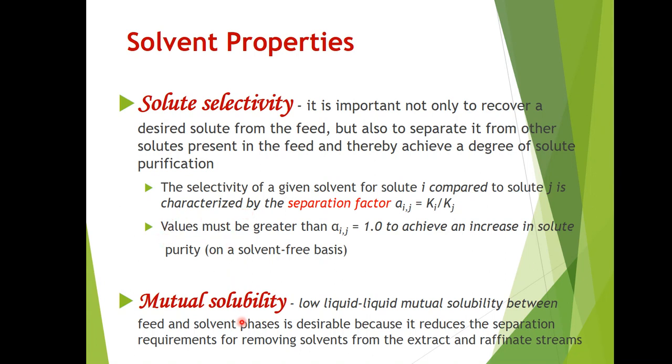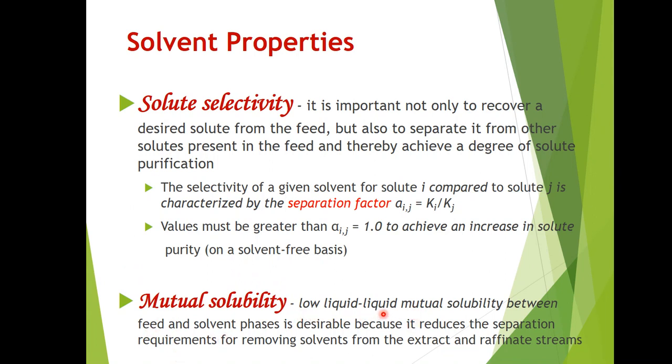Now, let's go to mutual solubility. It is desired that your solvent should have low liquid-liquid mutual solubility between itself and the feed. This is desirable because it reduces the separation requirements for removing solvents from the extract and raffinate streams. Meaning, as much as possible, we want the solubility of the feed in the solvent phase to be low.